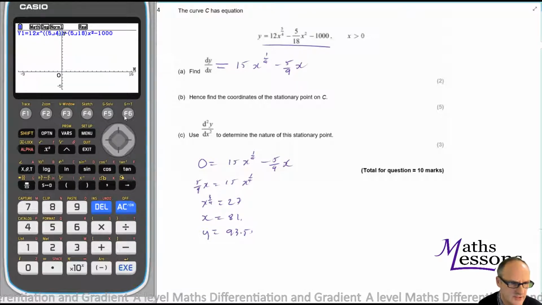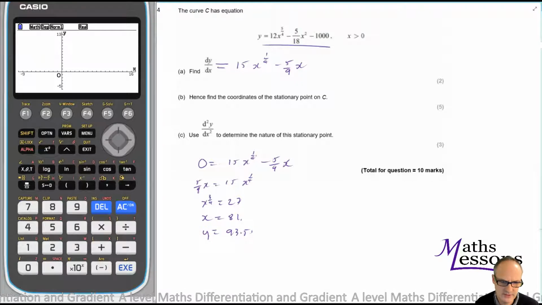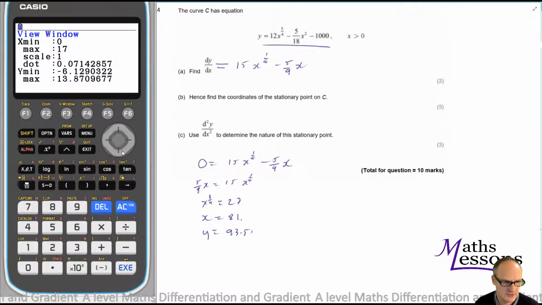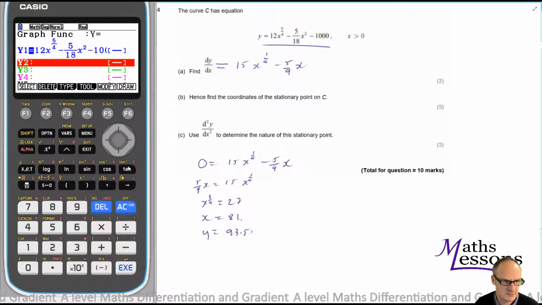Press execute and get it to draw, and it doesn't appear on our graph. Now we know that my value gives me 81 when y is 93 is a turning point, so I definitely need to change my view window. So let's change that from naught and go all the way up to 100 and do something similar.